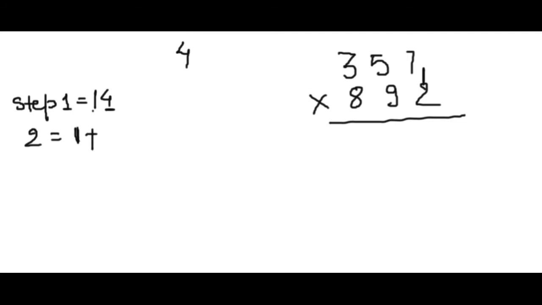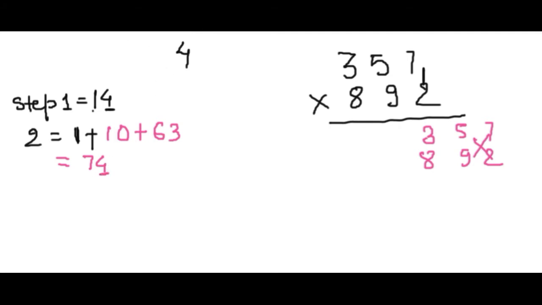So 1 plus 5 into 2 and 7 into 9. 5 into 2 is 10, 7 into 9 is 63. Now this is 74. Now this 4 again goes up and 7 carry forward. Next step, third, 7 plus.